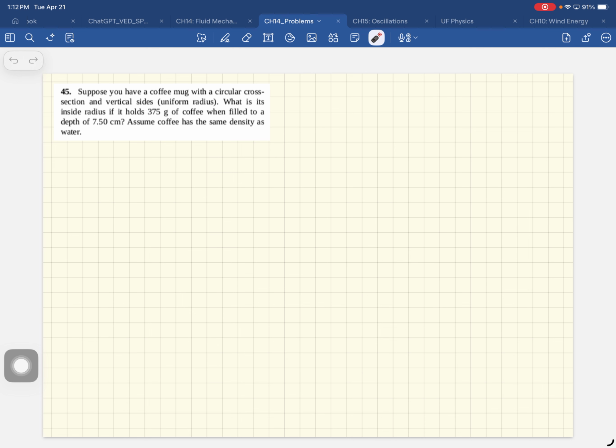So R comes out to, the radius comes out to 4 centimeters essentially. So that's the radius of the cup.